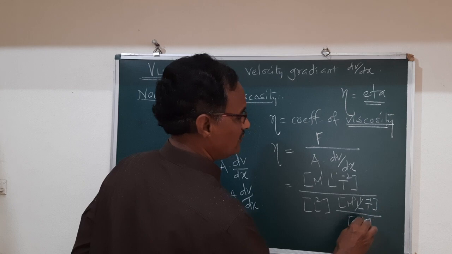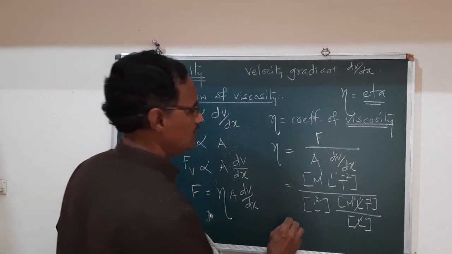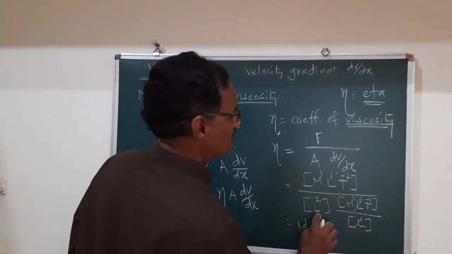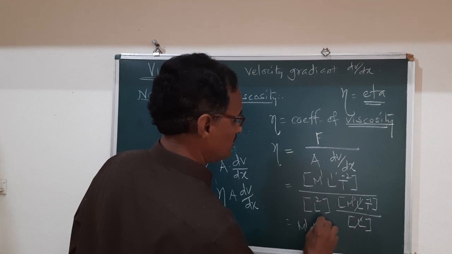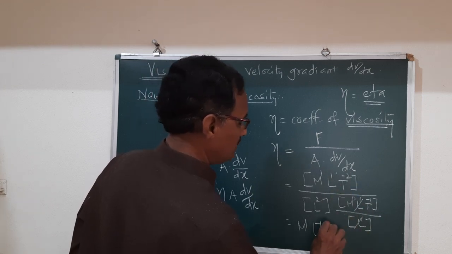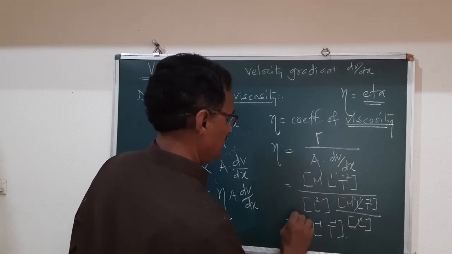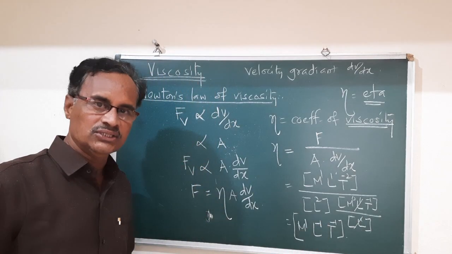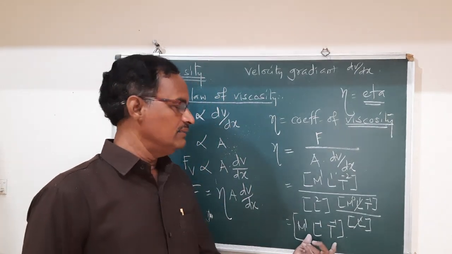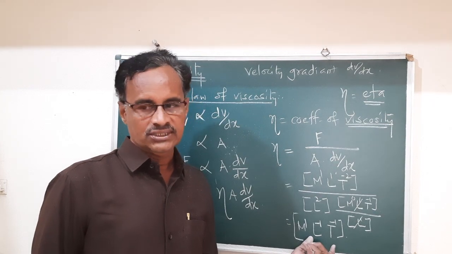Now this L1 and L1 get cancelled, leaving T raised to minus 1. Therefore, M1 L2 goes to the numerator, L raised to minus 1, T raised to minus 1 upward. Then M1 L raised to minus 1 T raised to minus 1. These are the dimensions of the coefficient of viscosity.